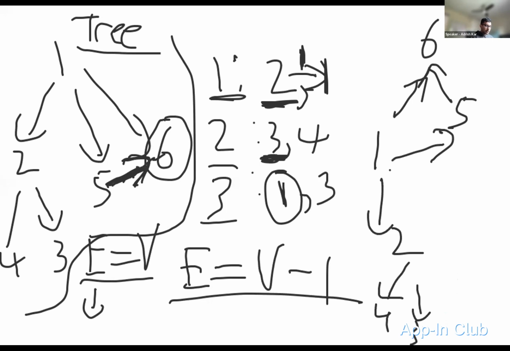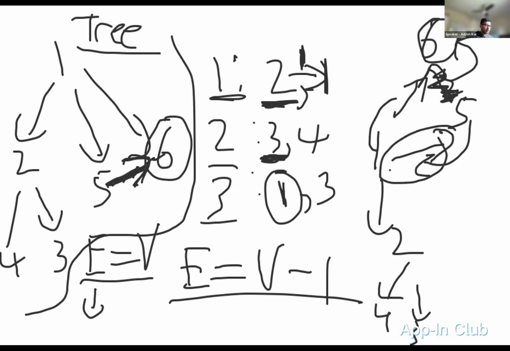Okay, so if we focus on this, we take this edge out. We essentially map this edge to this cereal. We can actually map the rest of the vertices to another edge. So 5 goes to this edge, 1 goes to this edge, 2 goes to this edge, 4 goes to this edge, 3 goes to this edge.